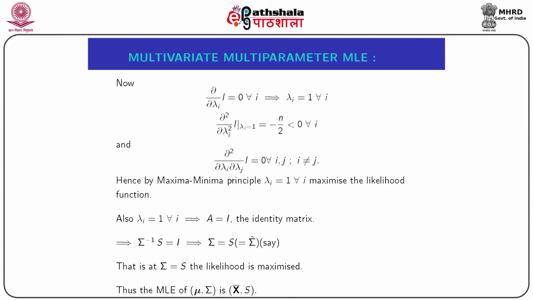Thus, combining all these results, we can say that for multivariate normal mu, sigma distribution, the maximum likelihood estimator of mu, sigma is the sample mean vector x bar and the sample variance covariance matrix S.